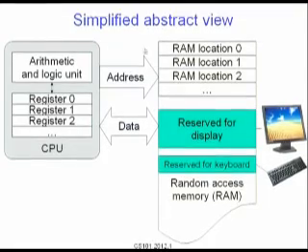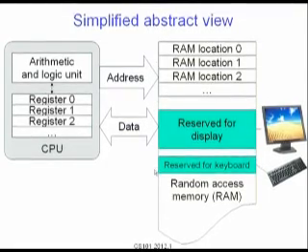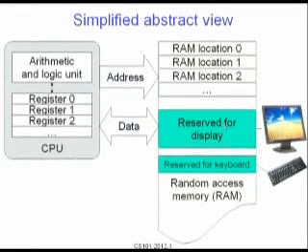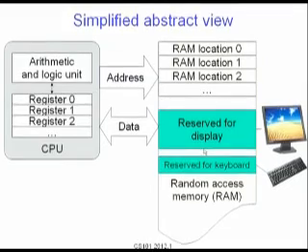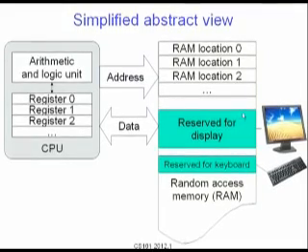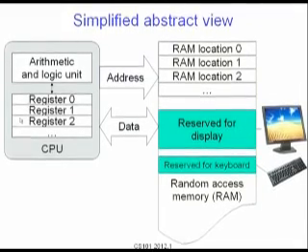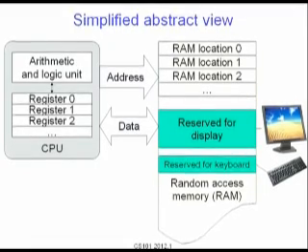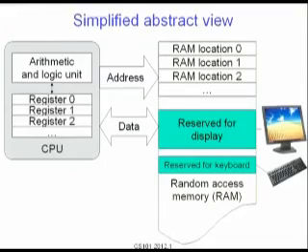So there's location 0, location 1, and it goes on like that. So when the CPU sends out an address, it's basically just a row index. And it can either tell the random access memory to write that particular location with a value taken from a register, or it can read the value of that location or row and then store it into a register. So it's a bidirectional flow of information between these RAM locations and the register bank.